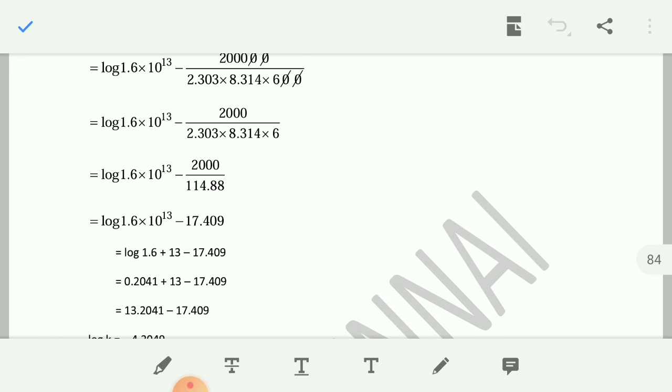2000 divided by 114.88, the value is 17.409. So log 1.6 is 0.2041 plus 13 minus 17.409.